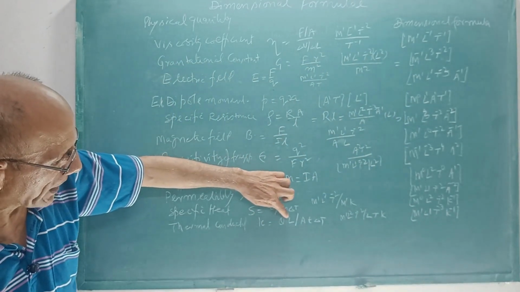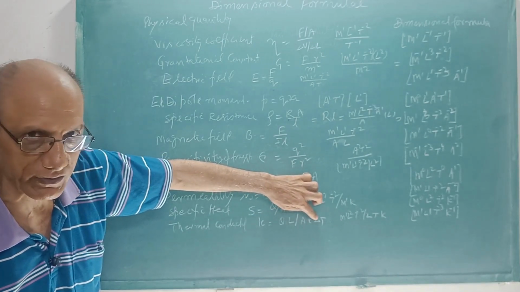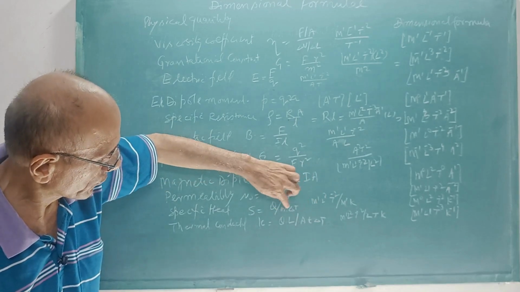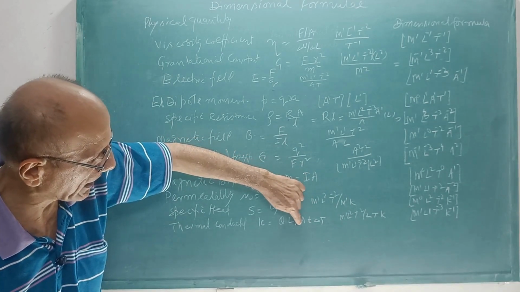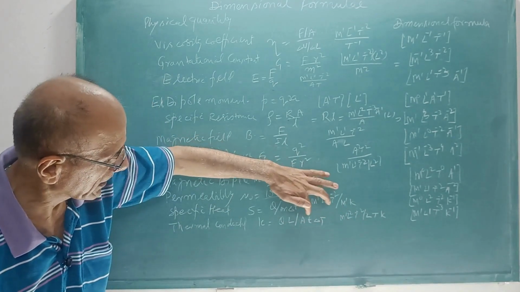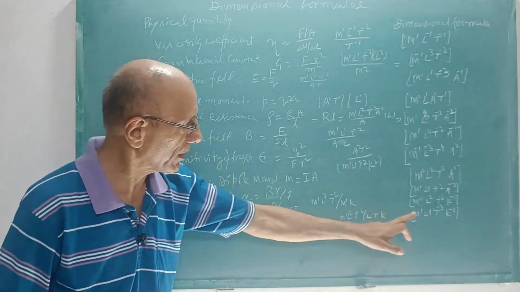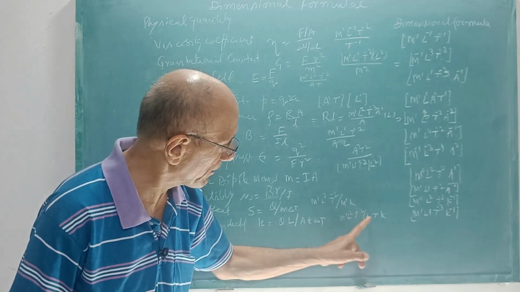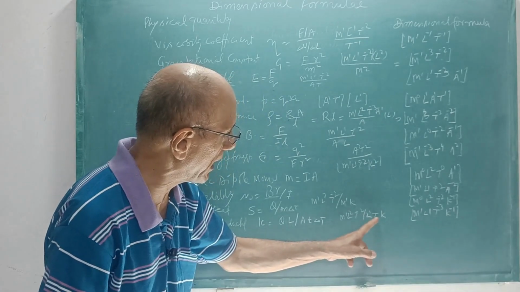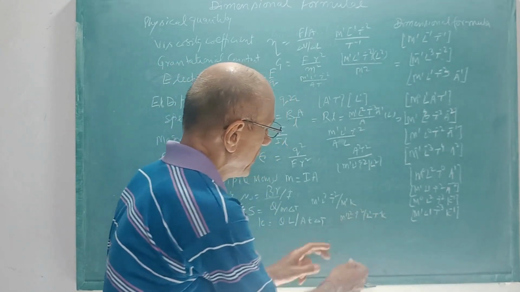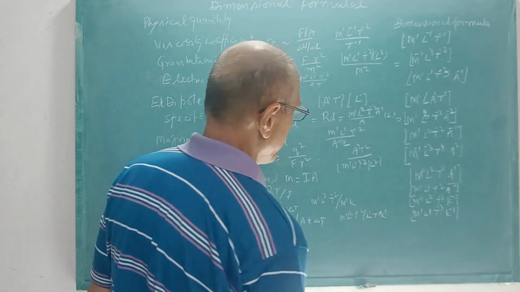K is QL upon A, small t is time and delta T, capital T, is temperature here. So M1 L2 T minus 2 divided by L upon A is divided by L only, this time, and this is Kelvin. So here it is M1 L2 divided by L1, so L1, and T minus 1 will come here, so T minus 3 and K minus 1.